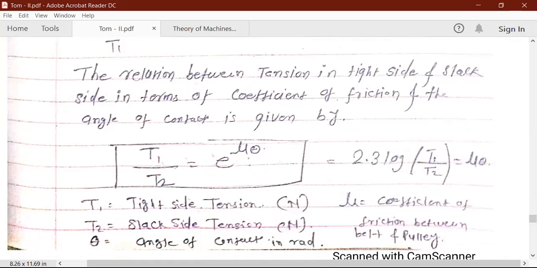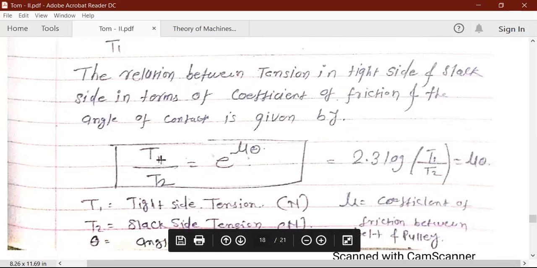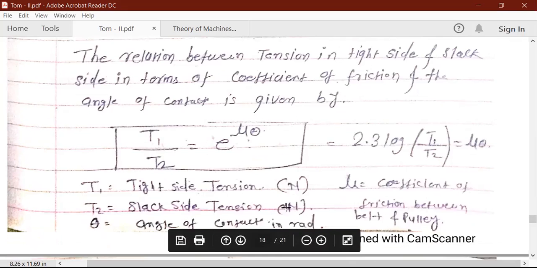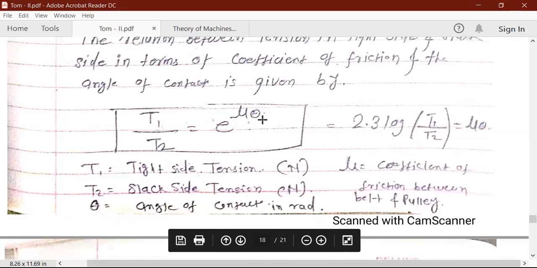So in that case, we use this formula of tension, T1 upon T2 is equal to e raised to mu theta. Here T1 is the tight side tension in Newton, T2 is the slack side tension in Newton, theta is your angle of contact in radian, and mu is the coefficient of friction between belt and pulley.